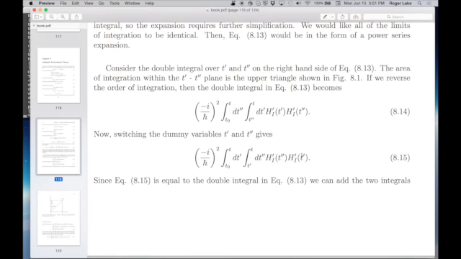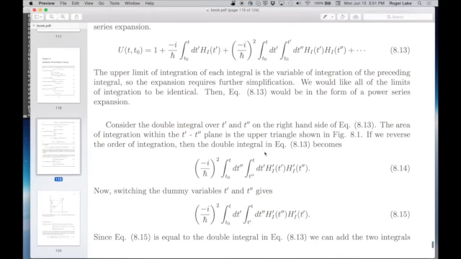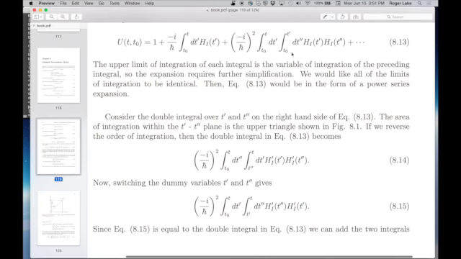And then if we look at what we have here and what we have here, let's see, is this what I want? Integrating from t prime to t. Yeah, this is what I want.